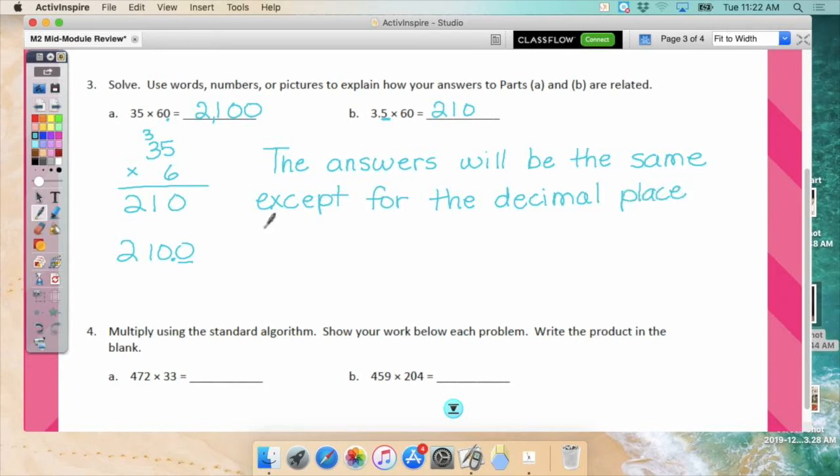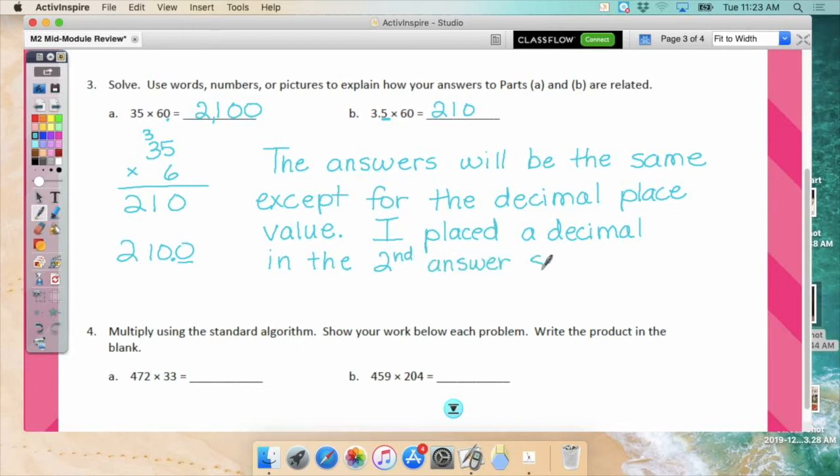And could you go ahead and write, I placed a decimal in the second answer in the tens place? Yes. Okay, so I'm going to go ahead and add that to it. I placed a decimal in the second answer, showing tenths.